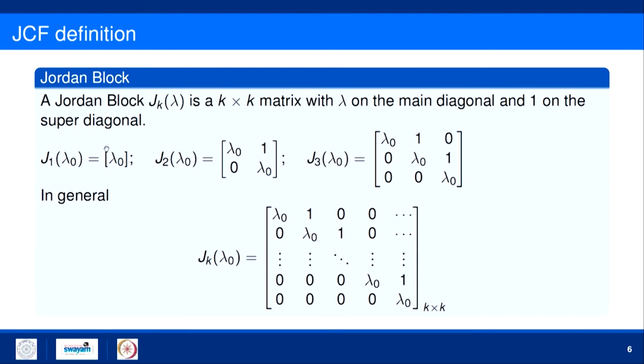Similarly, a Jordan block of size 2 can be written as lambda 0, 1, 0, lambda 0. A Jordan block of size 3 is lambda 0, 1, 0, 0, lambda 0, 1 and so on. Here you can notice we have the eigenvalue on the main diagonal and 1 on the super diagonal. Similarly, a Jordan block of size k is given by this one.